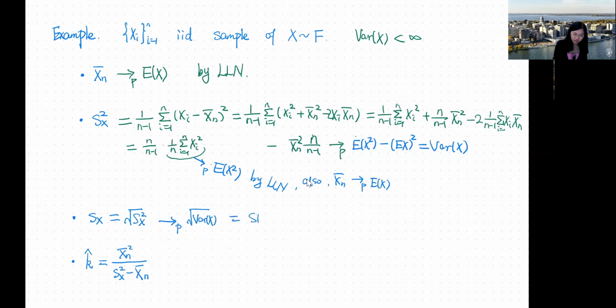And that equals the standard deviation of x. So little Sx is a consistent estimator for the standard deviation of x. Similarly, you can show that k hat also converges in probability to k by Slutsky's theorem.